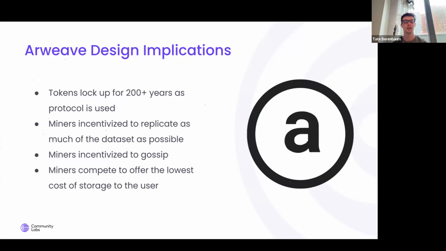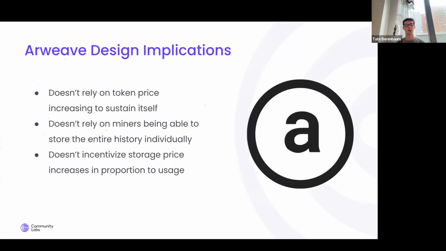The other cool effect of this is that miners compete to offer the lowest cost of storage to the user. So over time, what that does is it creates ways for the cost of storage to actually go down as the cost of maintaining that hardware becomes cheaper over time for miners. That creates a better user experience for people that are using the mechanism, and quite different than something like Ethereum or Bitcoin.